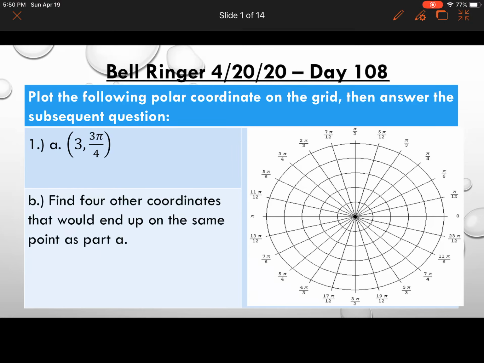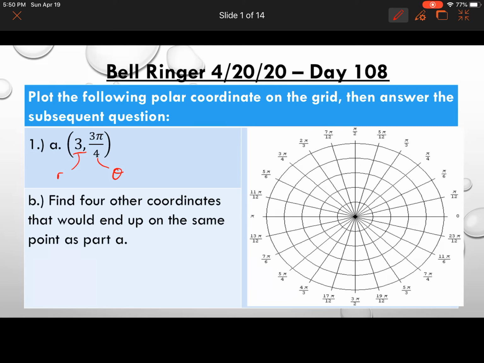All right, so let's see what we got here. We have: plot the following polar coordinate on the grid, then answer the subsequent question. So 1a: (3, 3π/4). If we remember that this first number is r, and the second number is theta. So r is your distance from the center of the grid, and theta is just the angle measured counterclockwise.